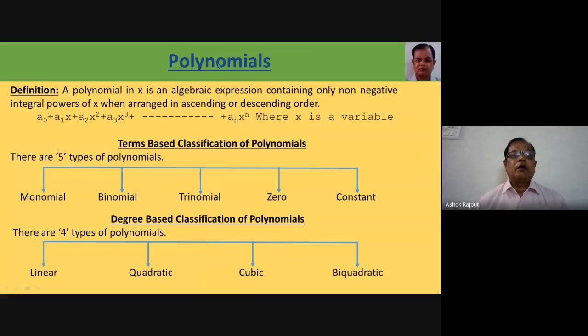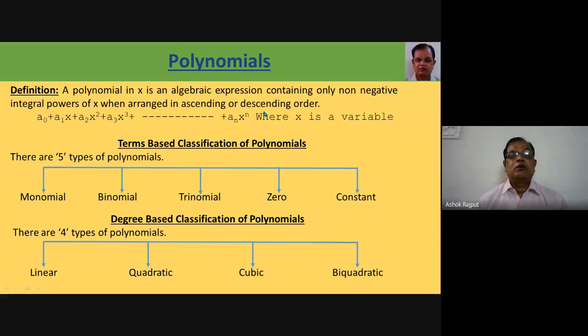Now, first we define what a polynomial is. A polynomial in x is an algebraic expression containing only non-negative integral powers of x, arranged in ascending or descending order.